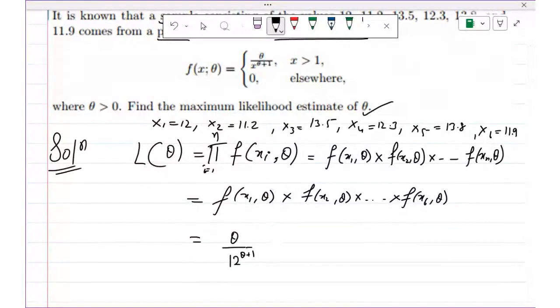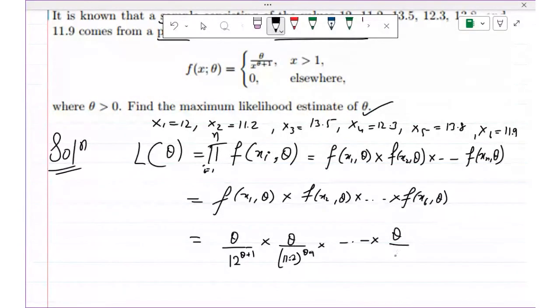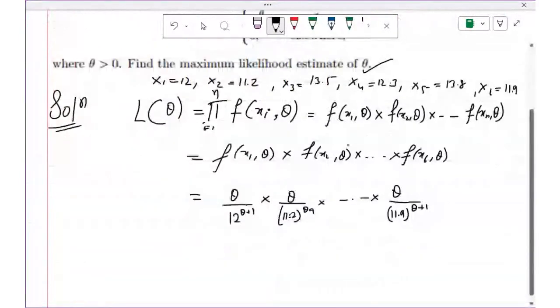In place of x, I am putting x1, x2, up to xn. After x1, it will be multiplication, then theta upon x raised to power theta plus 1, where x is now 11.2, raised to power theta plus 1, and so on, and then we have theta upon the last value, 11.9, raised to power theta plus 1.